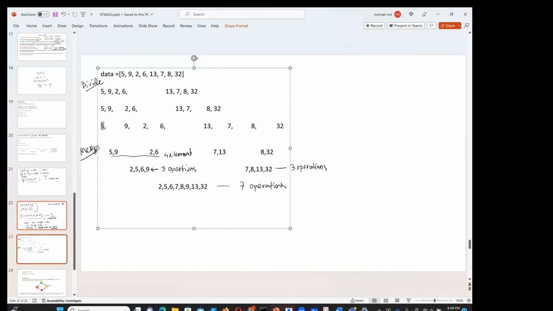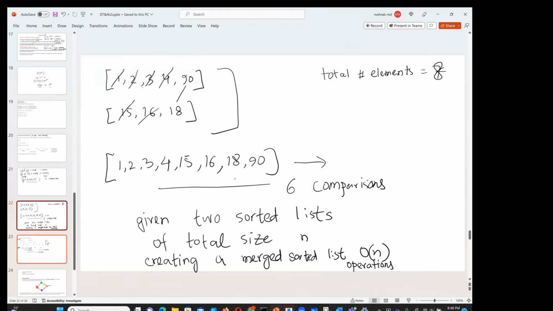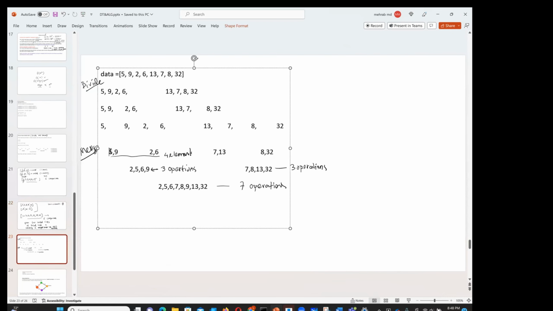Now using the merge algorithm, I started merging. I merged the first and second, 3rd and 4th, 5th and 6th, 7th and 8th lists, right? Now I have 4 lists of 2 elements. From those 4 lists, I come to 2 lists. From those 2 lists, I come back to 1 final list. And now it is sorted, right?